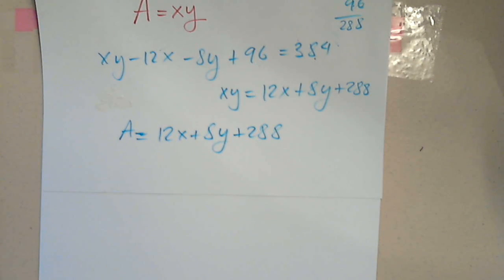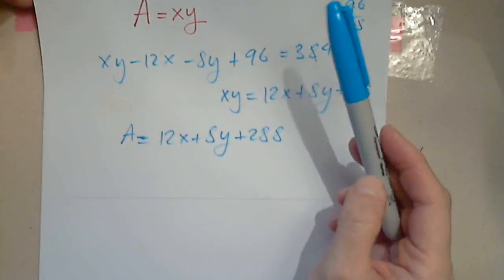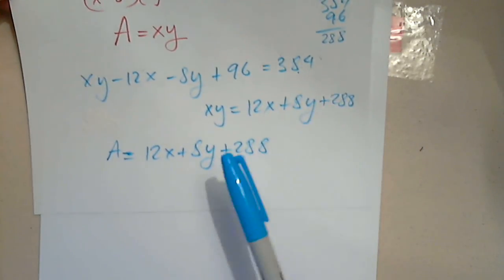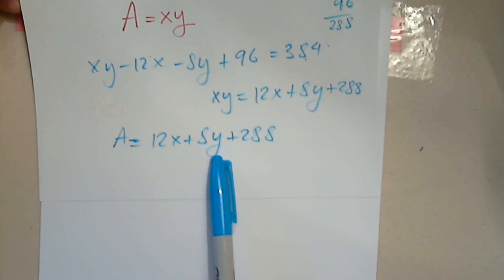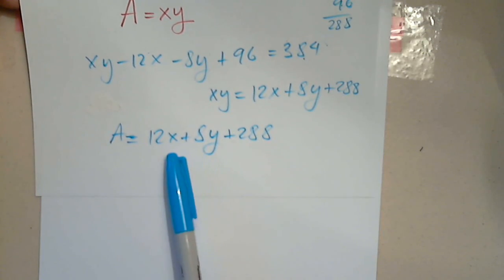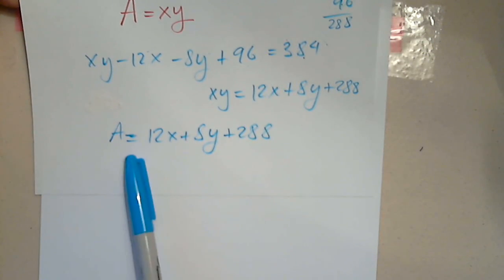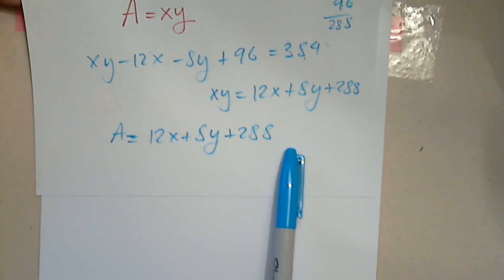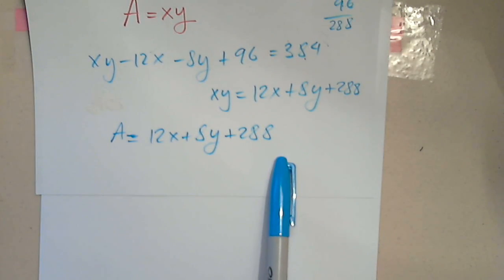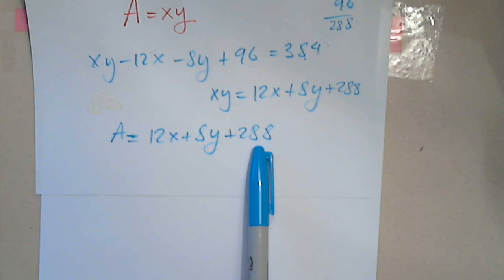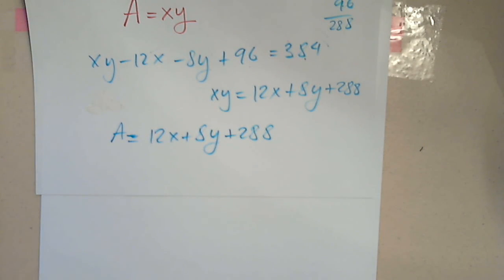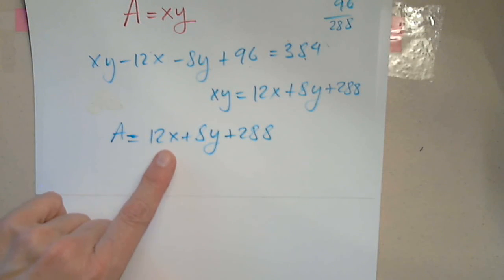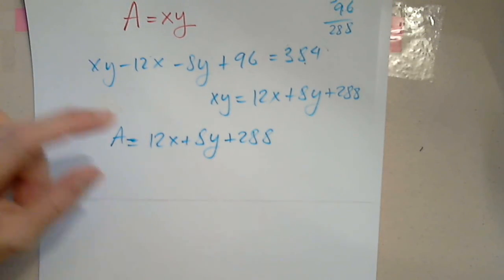Okay, at this point, I found an expression for the area, but I do have a problem. And what is the problem? The problem is that I have x and y in the function, so I don't know how to differentiate a function yet. Differentiate a function of two variables. So somehow I have to remove x or y from here.